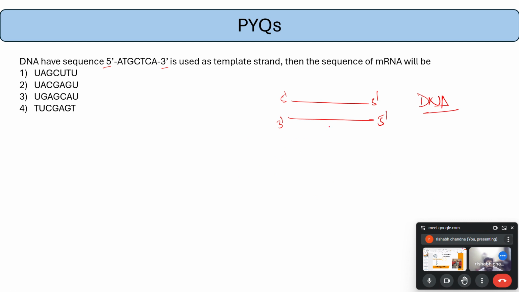Considering this case, this will act as the template strand, because RNA will be formed in the 5 prime to 3 prime direction. So this will be the template strand, and this will be the sense strand or non-template or coding strand.